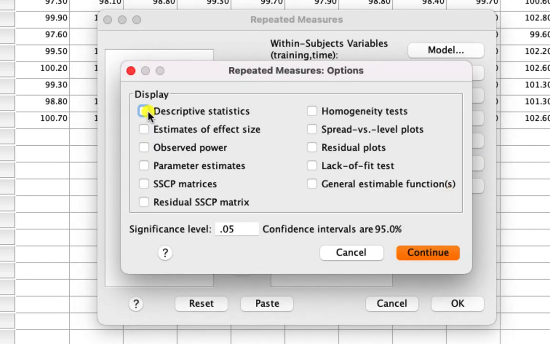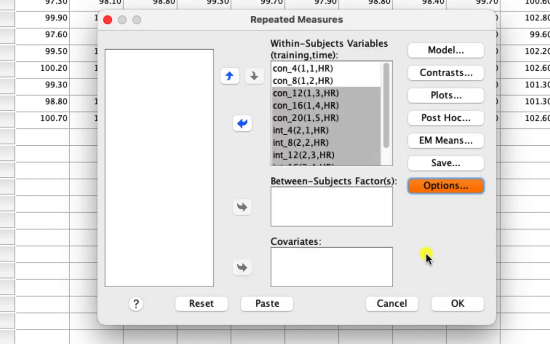For options, I'll choose the same ones that I chose for my one-way ANOVA, so descriptive statistics and estimates of effect size. And then the last thing we do in here is we go to paste. This will open up a syntax window so that we can adjust the pairwise comparisons for the interaction effect.